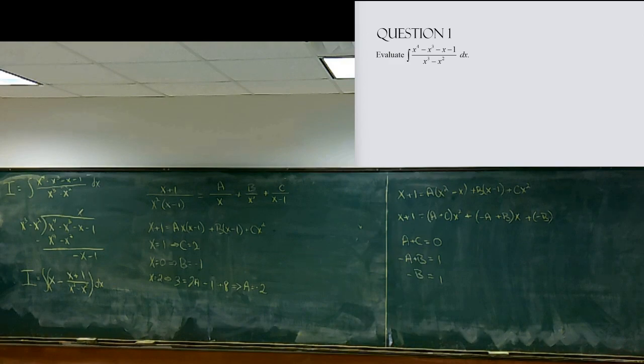Either method is fine. That method will always work. This method, while technically it will always work, is going to be a lot harder. Like you can't isolate a lot of your constants. It's a lot harder.